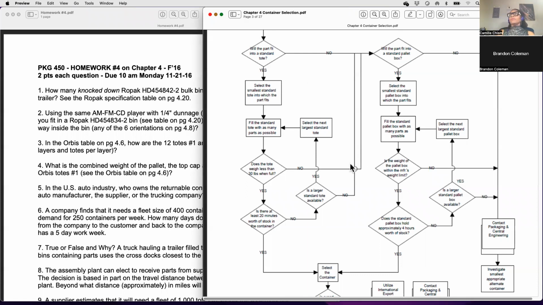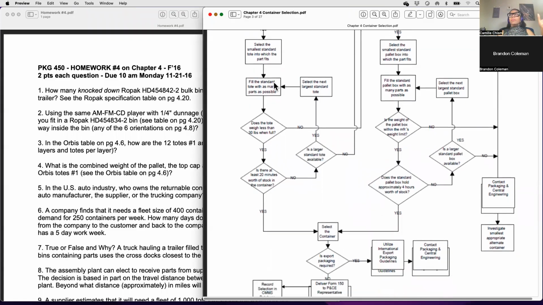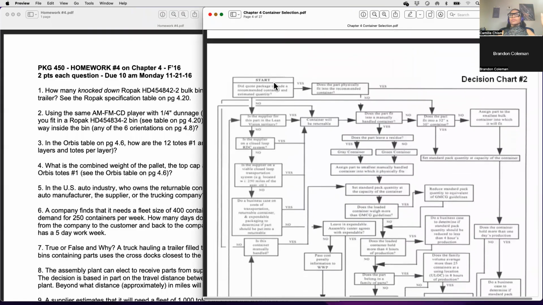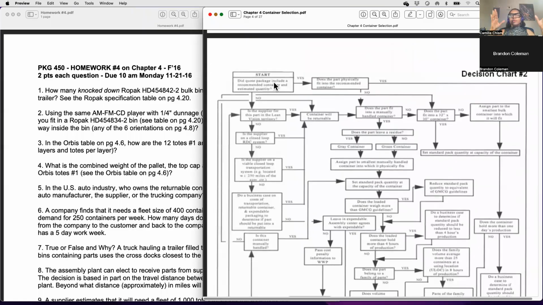So we talked about this decision chart, how once you have the part and you're plugging things in, you go through each one of the steps and just follow the flow chart. It will really help you come up with the best pack. Again, with both of these decision charts, the assumption is you're looking at the smallest returnable packaging you can use, which would start off with a handheld less than 30 pounds.